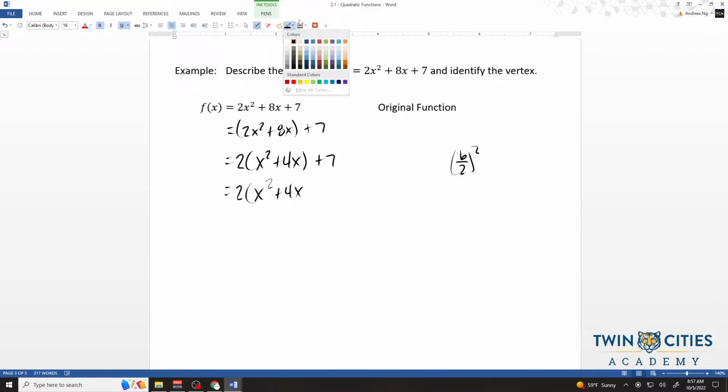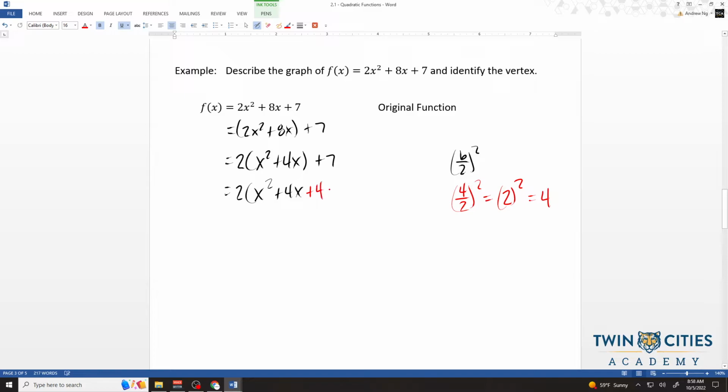Except over to the side now, b is 4, so this is going to be 4 over 2 squared. 4 over 2 is 2, so this is going to be 2 squared, or 4. I want to add and subtract 4 inside of the parentheses here. And I still have plus 7 at the end.